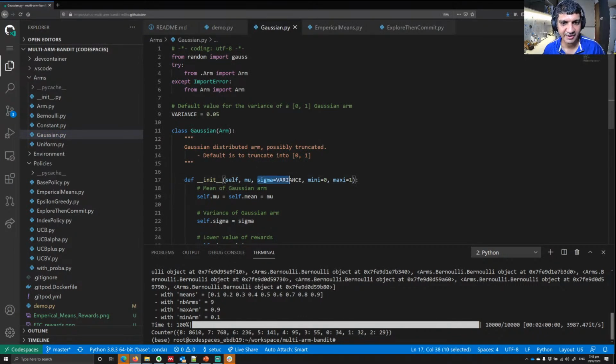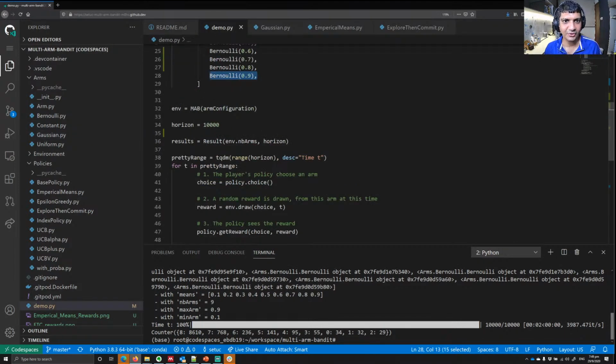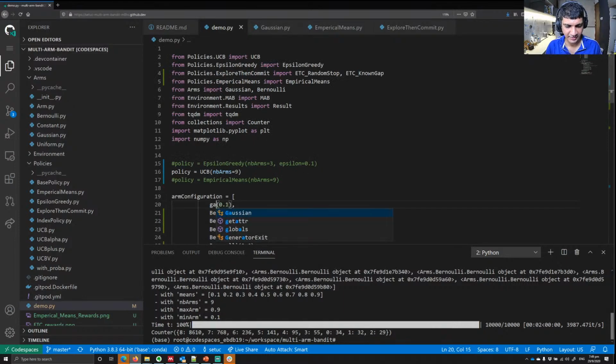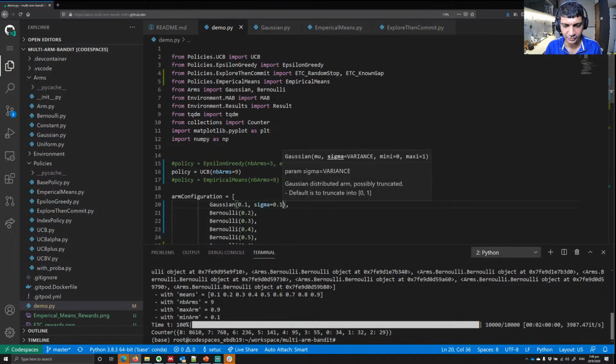Over here, my variance I've already defined, right? I've defined the value as 0.05. So I don't have to worry about that. But in case I want to set up a Gaussian arm with sigma, I can do that as well. I can say Gaussian arm with a mean of this thing and sigma of whatever value I'm interested in.